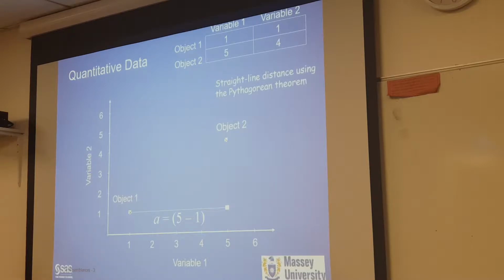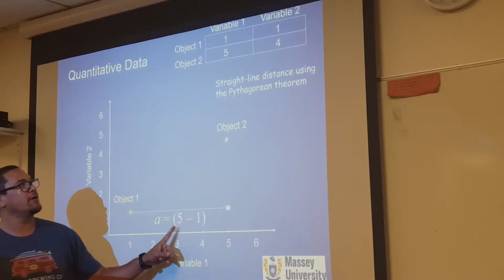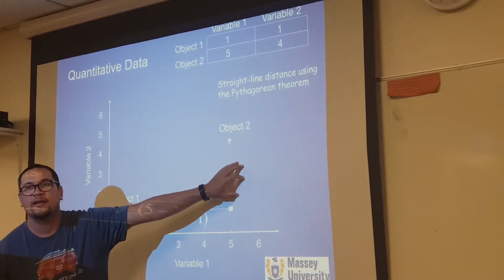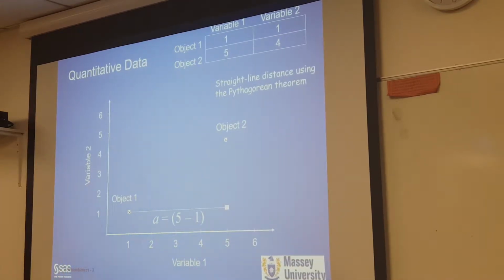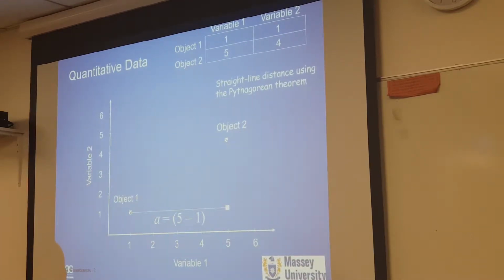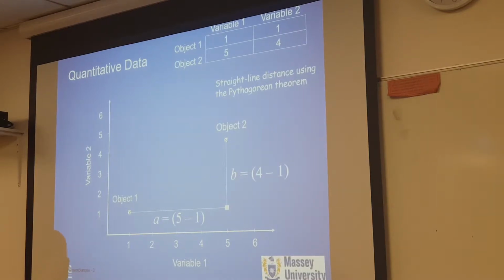We use Pythagoras' theorem: this distance of 4 and this distance of 3, we square them both, add them up and square root it. A squared plus b squared equals c squared. Remember that? You would have done Pythagoras' theorem when you were about 12. So that is simply the distance.